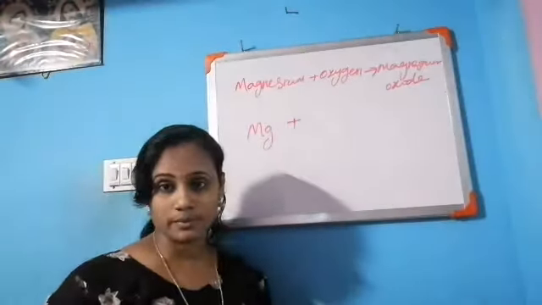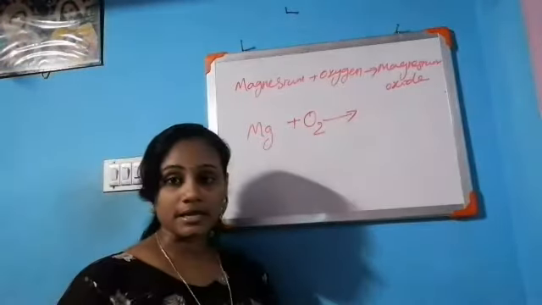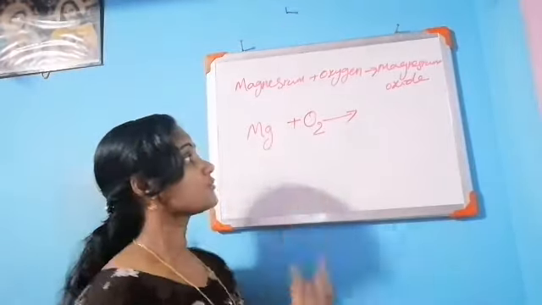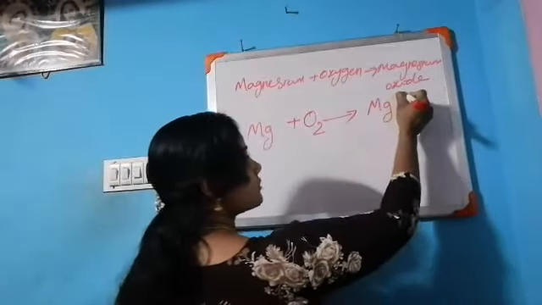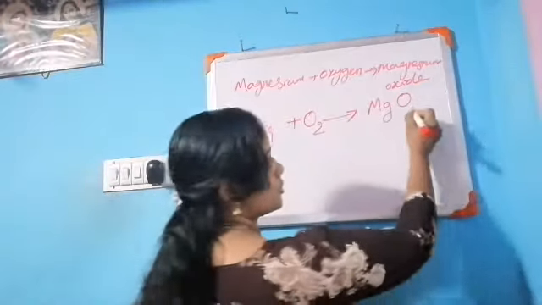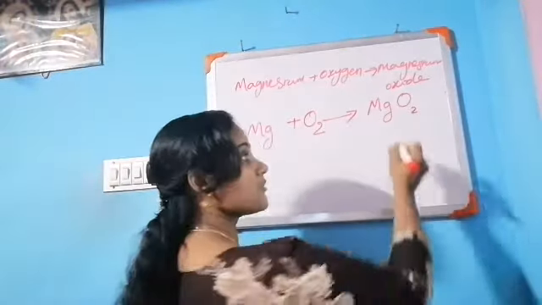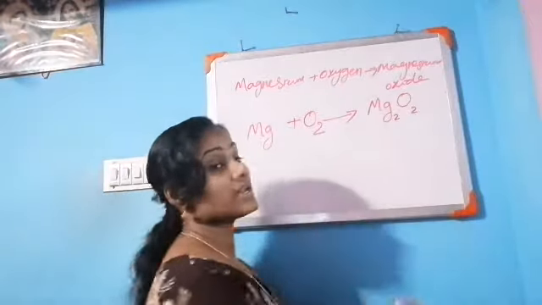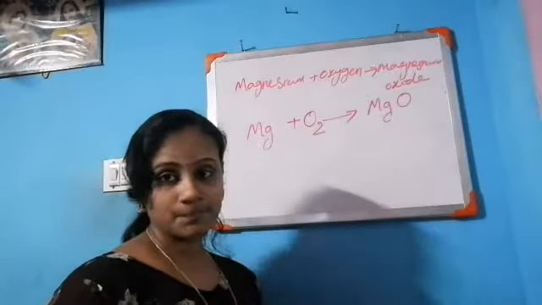Oxygen is a diatomic molecule, so O2, to form magnesium oxide. Magnesium symbol Mg. Oxide means oxygen. Magnesium valency 2, we should write under the subscript of oxygen. Oxygen valency 2, we should write under the subscript of magnesium. Same valency, we can cancel each other. No need to write. Is it clear?